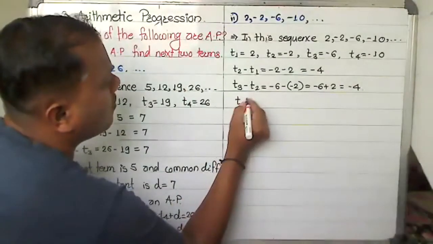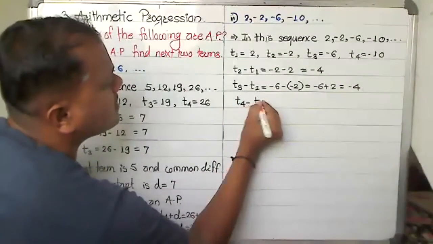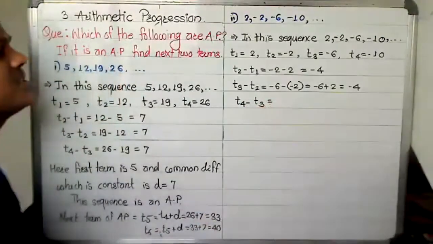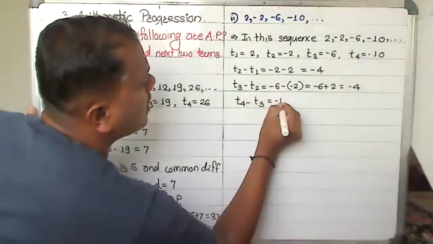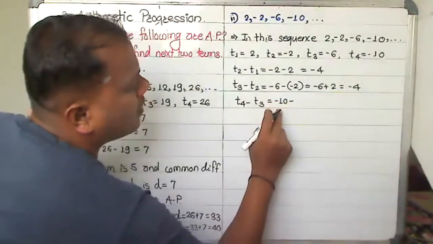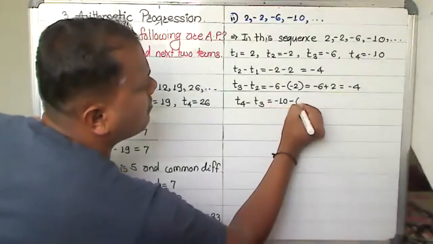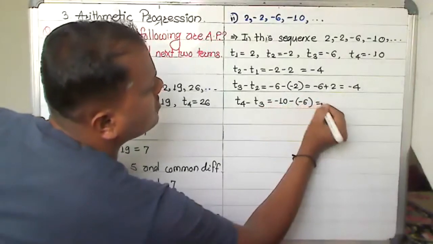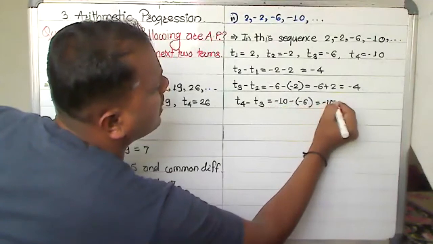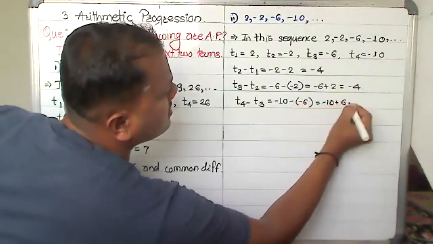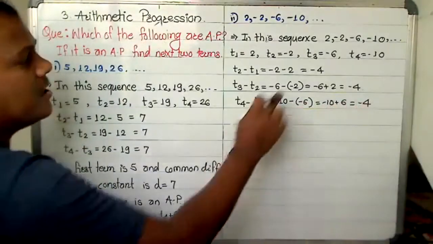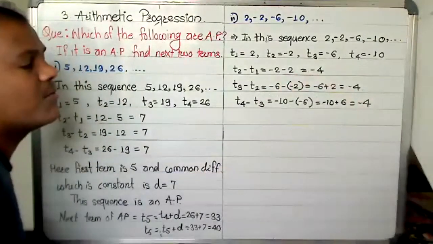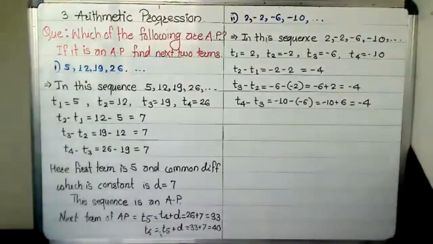Now T4 minus T3: the value of T4 is minus 10, minus 6 is again minus 4. So the difference between any two consecutive numbers is minus 4, which is a constant.